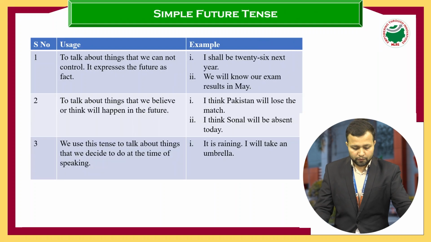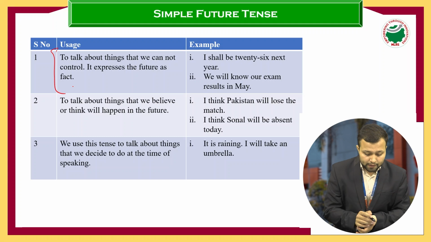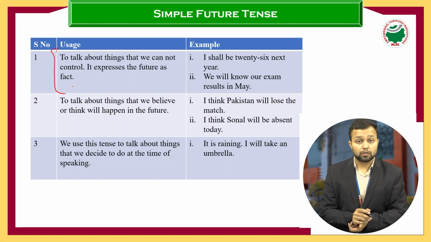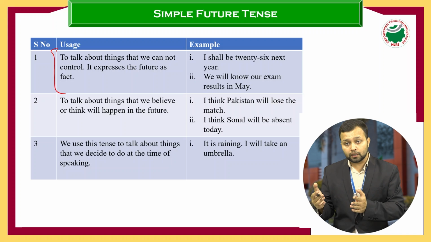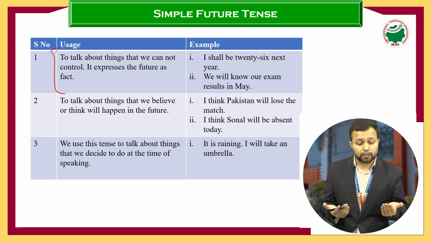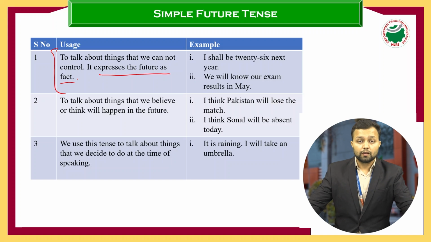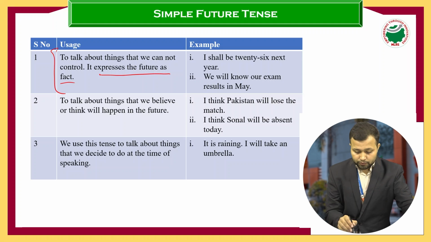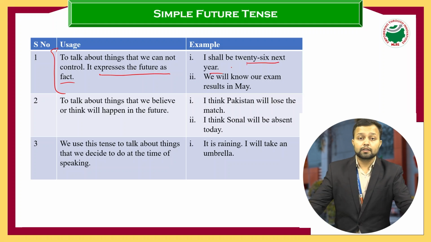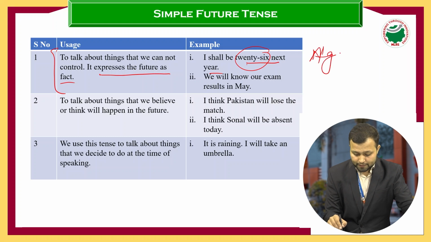Moving on to simple future tense. This tense is used to talk about things that we cannot control about the future. Actions which will be done in the future, we cannot control them. It expresses the future as fact. For example, if I say, I shall be 26 next year. 26, I am talking about age.